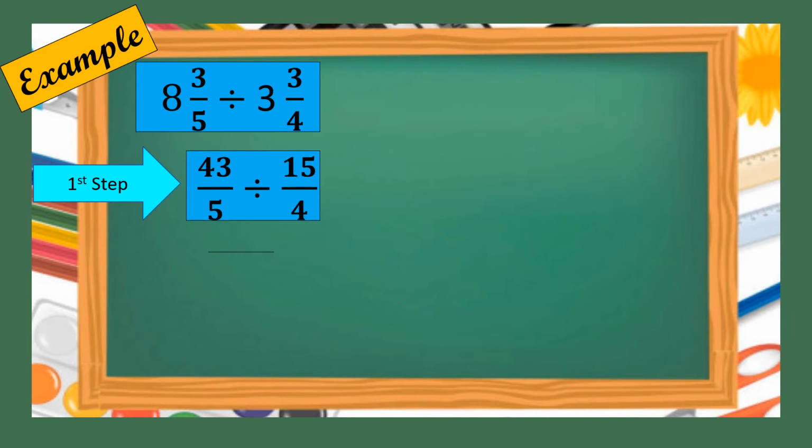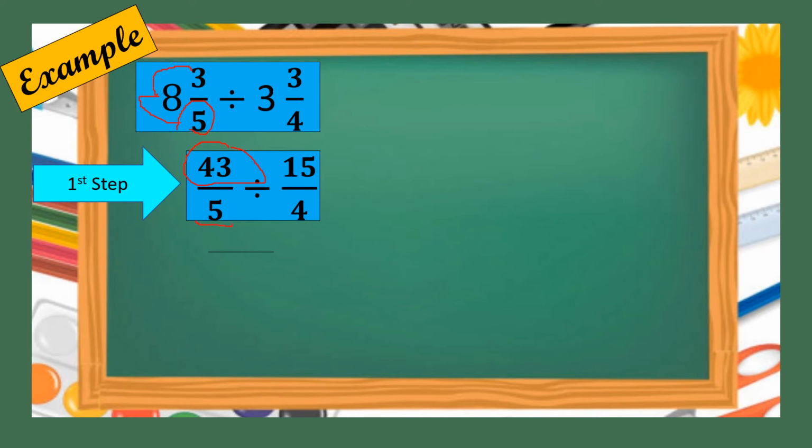So how does it happen? So 5 times 8 equals 40 plus 3 equals 43. So copy the denominator 5.